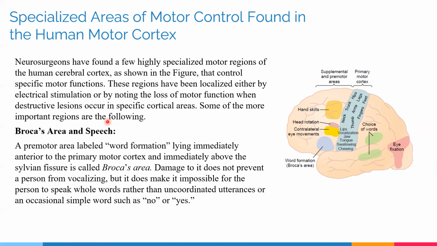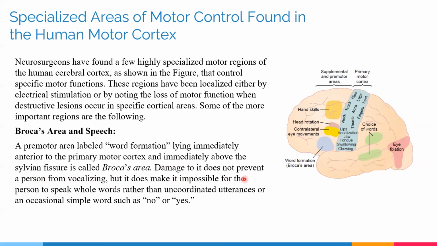First one we'll look into is the Broca's area and speech. A premotor area labeled word formation, which is shown in blue right here, lying immediately anterior to the primary cortex and immediately above the sylvian fissure, is called the Broca's area.